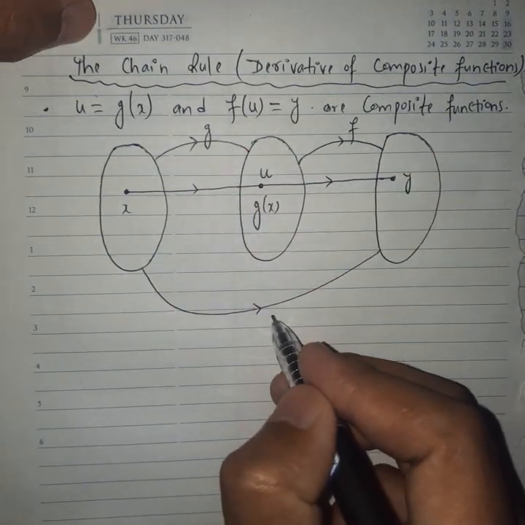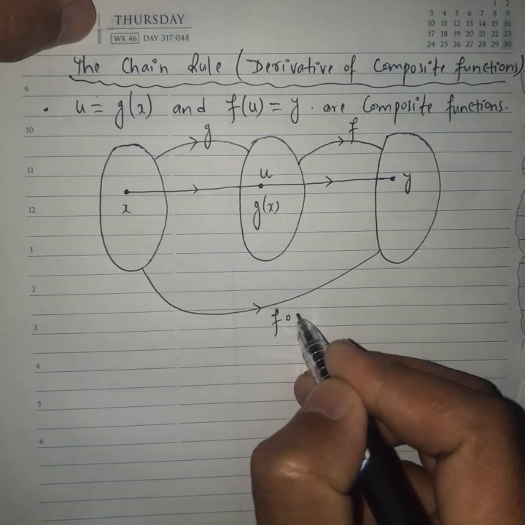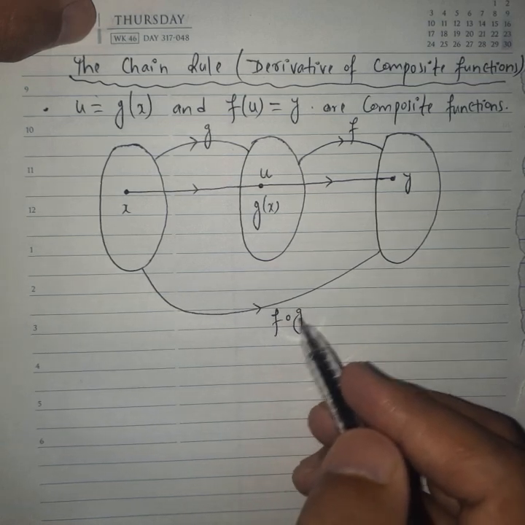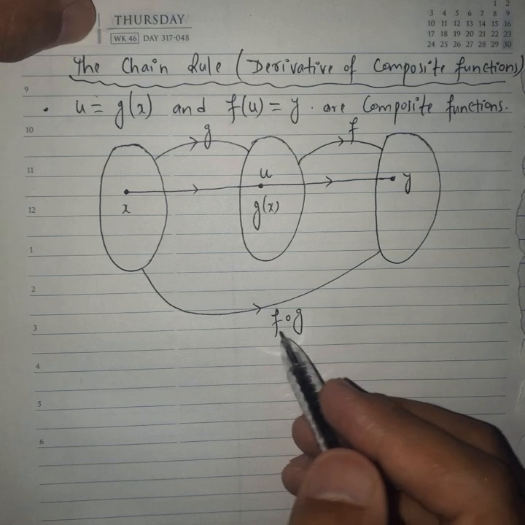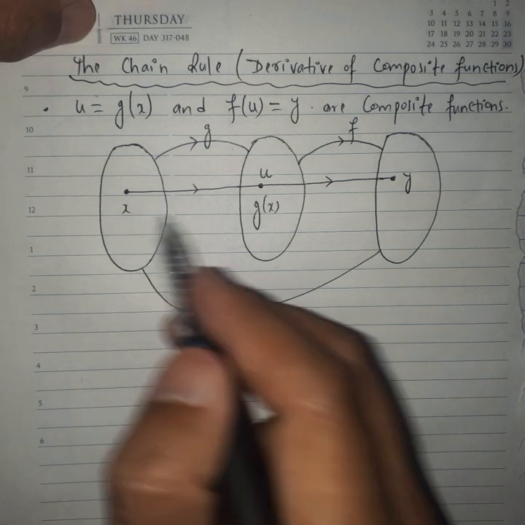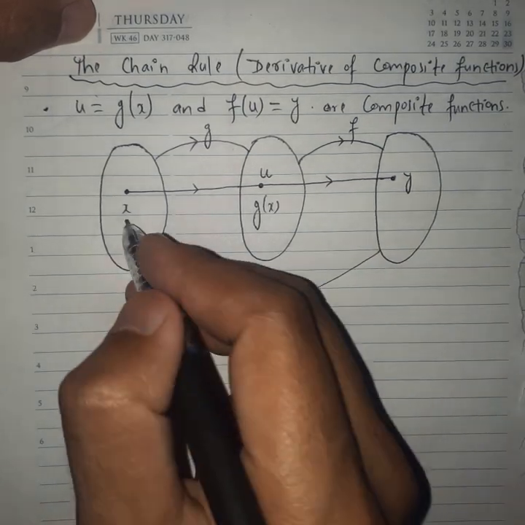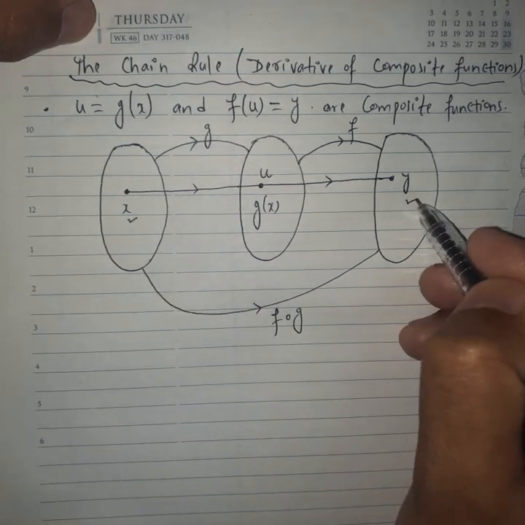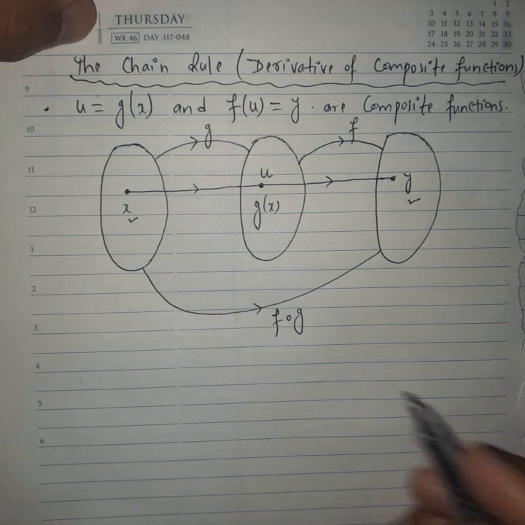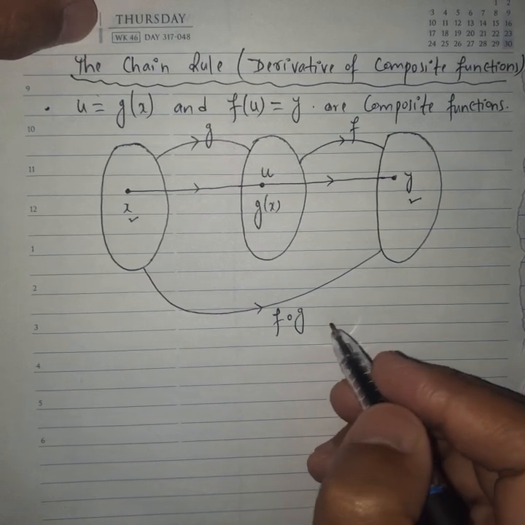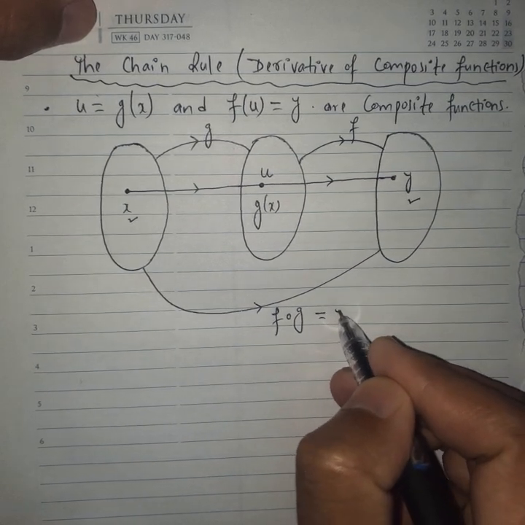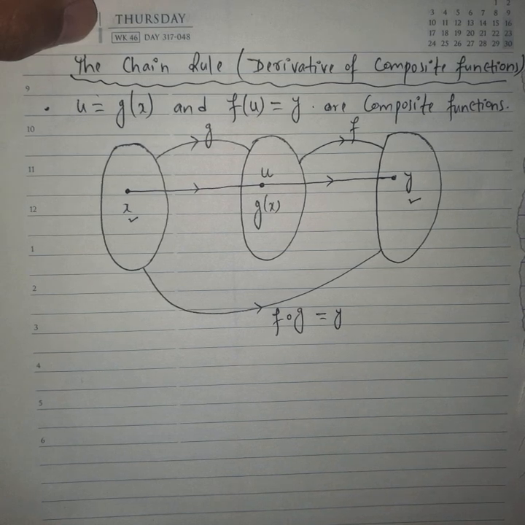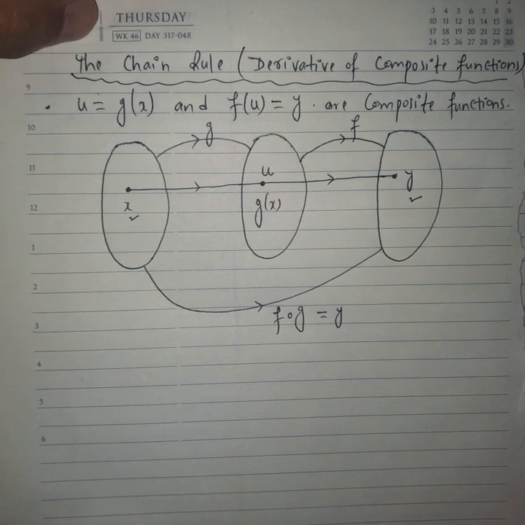It is denoted by f composite g. This notation represents the composite function from the first balloon to the last. Here x is the input for this function and y is the output. Overall the output is y.